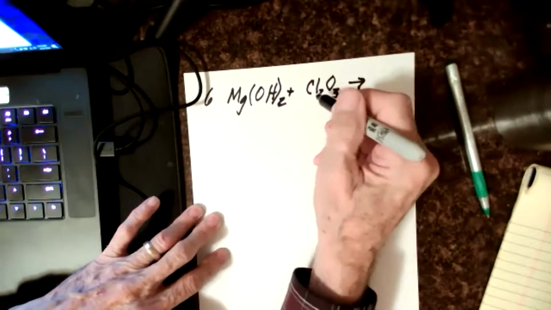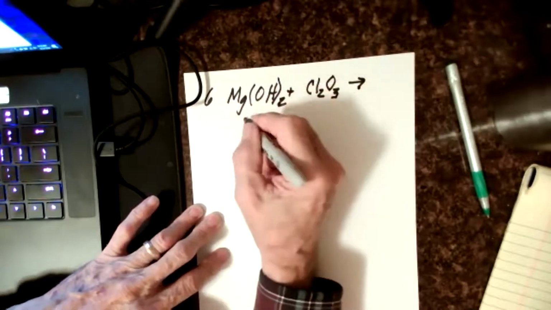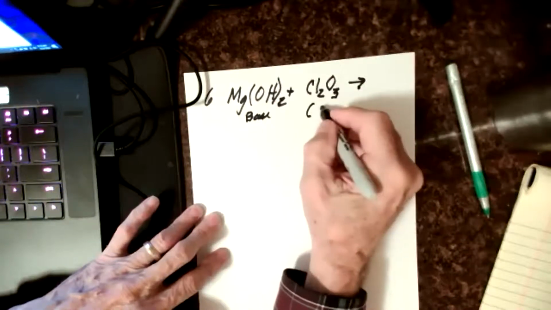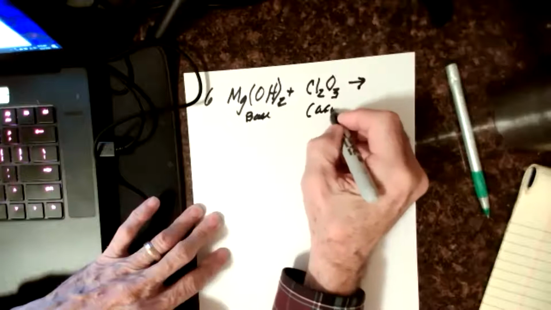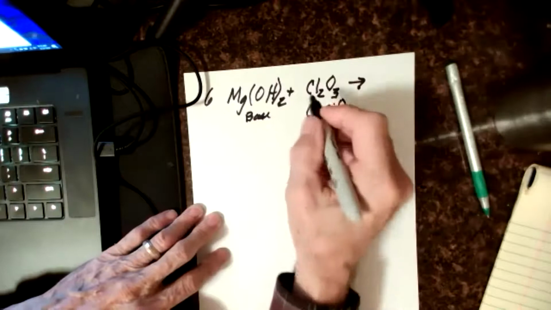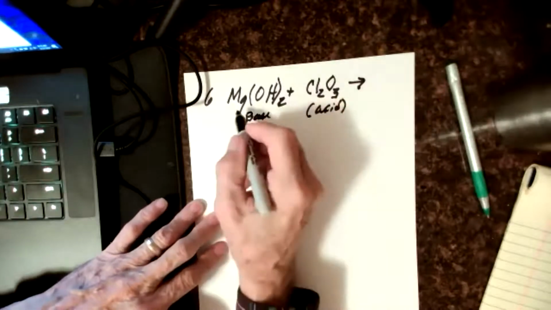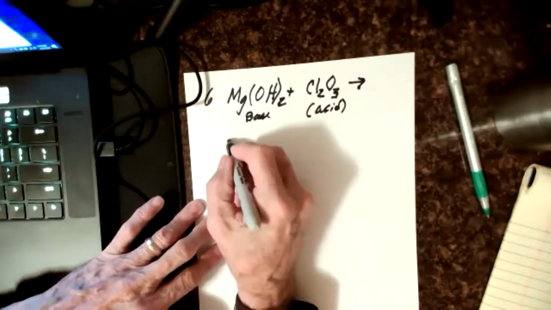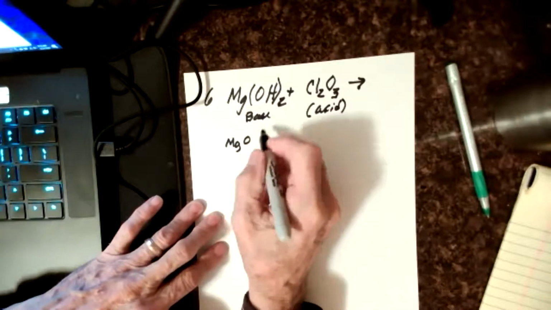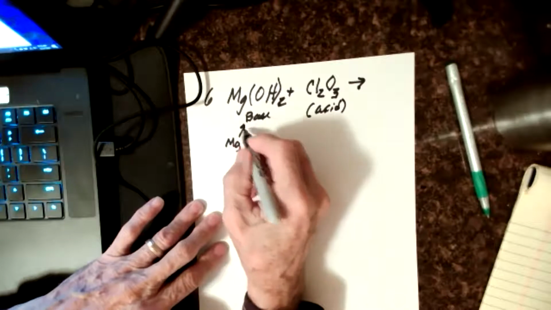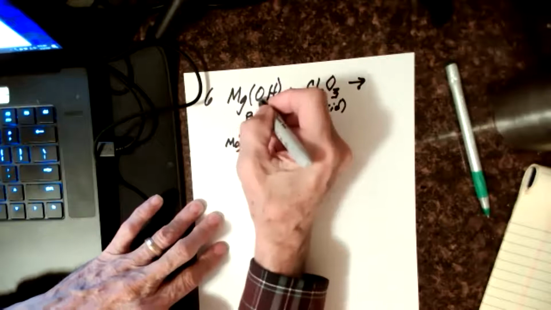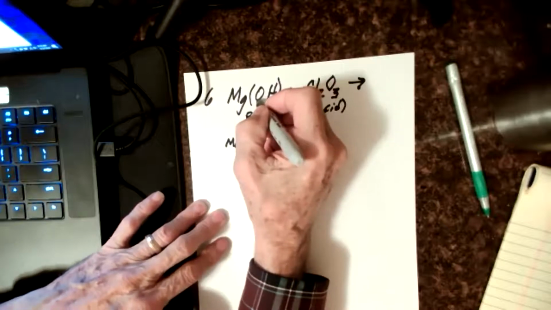Well, it's kind of setting us up that if this is a base, we want to treat this like an acid, probably. That's at least one thing. And it is true that if I were to take a metal oxide, for example, like magnesium oxide, and I put that into water, the metal oxides form bases.